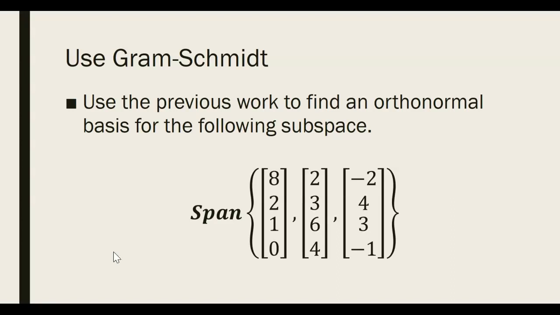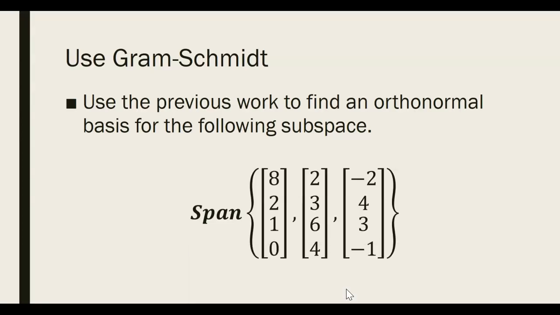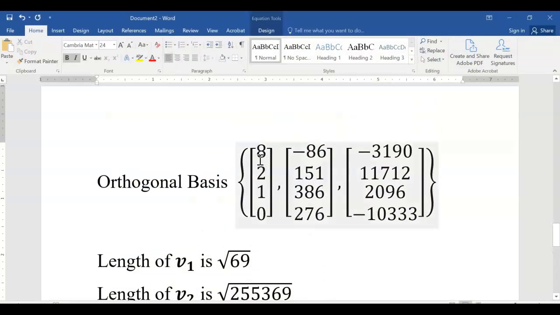All right, so hopefully you went ahead and did that. Again, you get some big numbers, but the point is not the numbers, it's just to see the concept that once we have that orthogonal basis, now we can simply say, well, what's the length of this V1? That length of V1 is square root of 69.